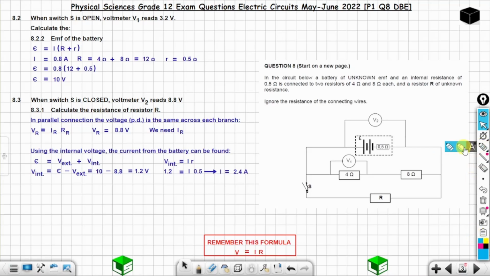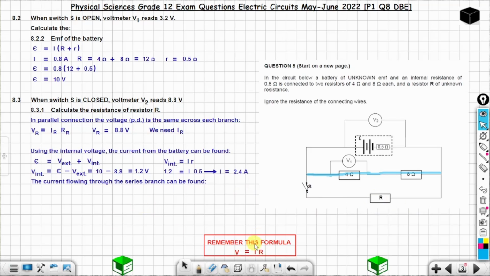The current through the 4 ohm resistor is the same as the current through the 8 ohm resistor, so we can find the current through the series branch. Then we subtract it from the total. The remaining will be the current on the branch with resistor R.